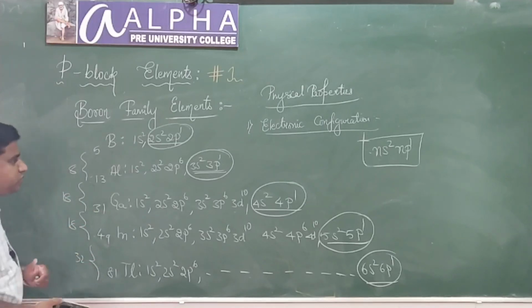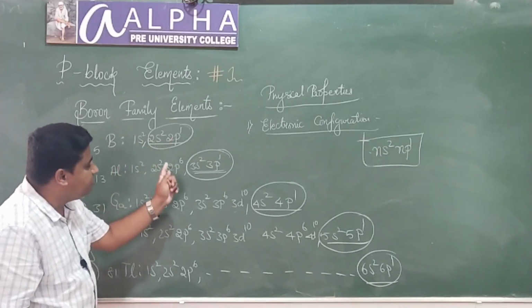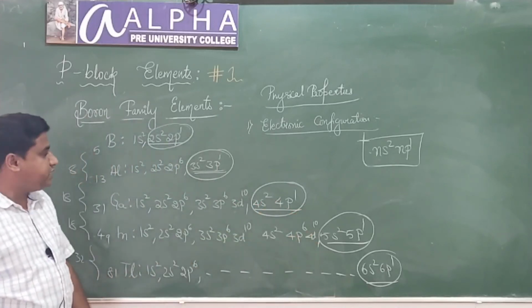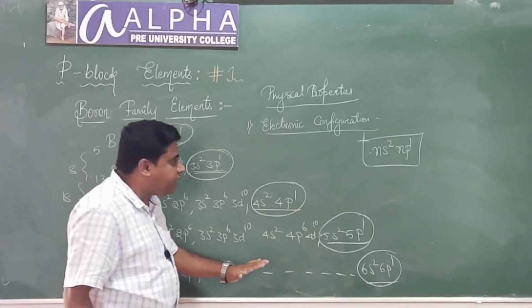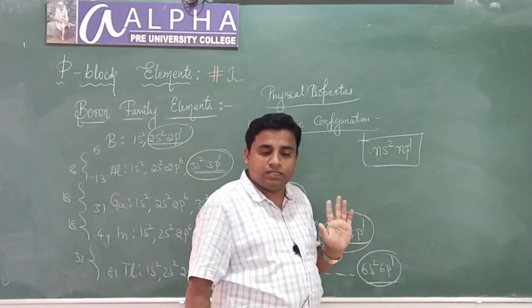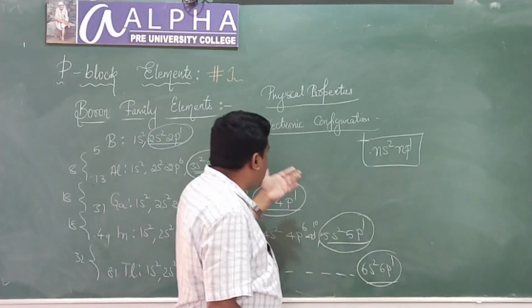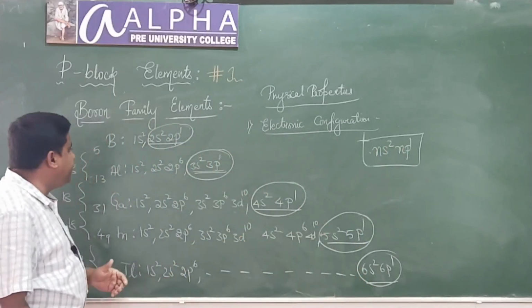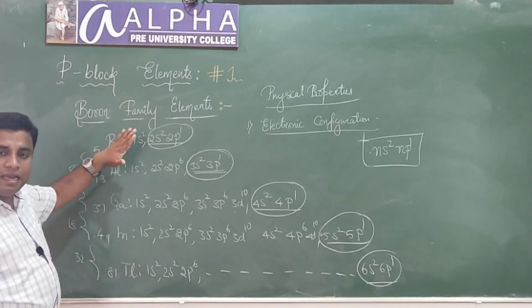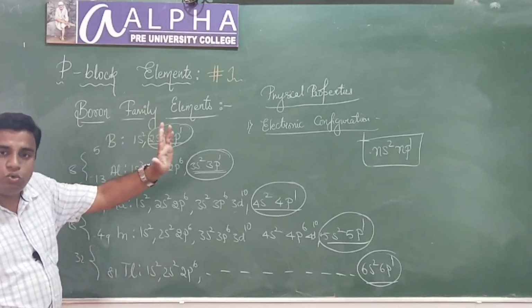So observe the electronic configuration: 2s2 2p1, 3s2 3p1, 4s2 4p1, 5s2 5p1, 6s2 6p1. Therefore, the general outer electronic configuration is ns2 np1. No doubts? That is all about the general outer electronic configuration of boron family elements. Do remember ns2 np1.